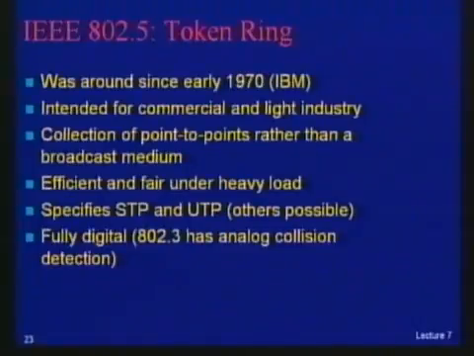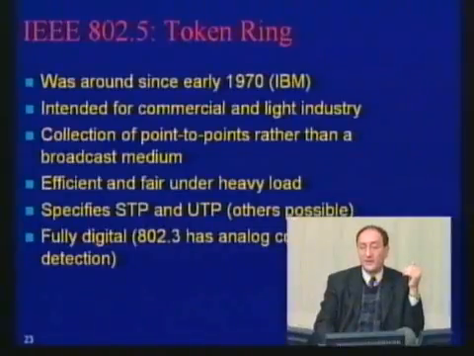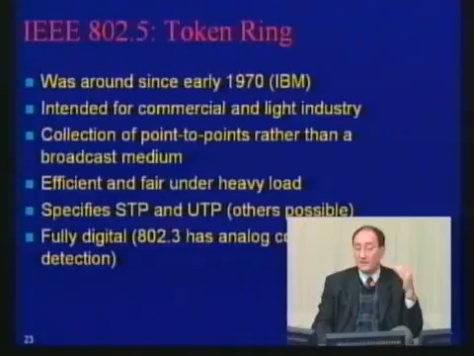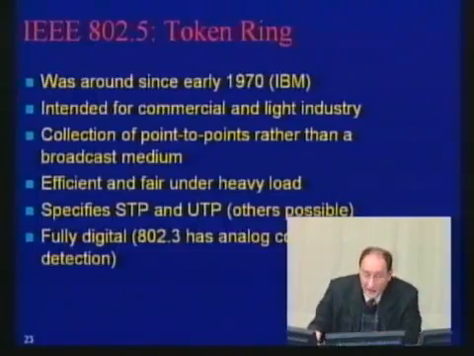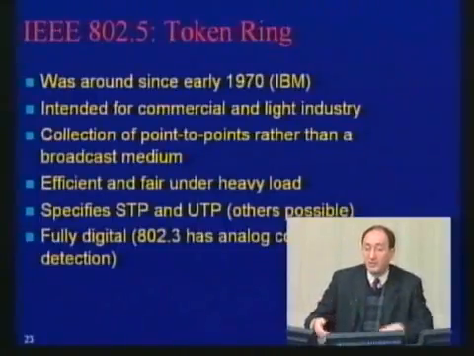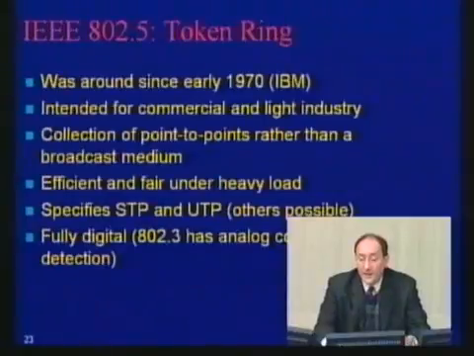Now 802.5, which was supported from day one by IBM, uses token ring, and it is a little bit different. The first thing to say about token ring is that it started around the same time that Ethernet started.